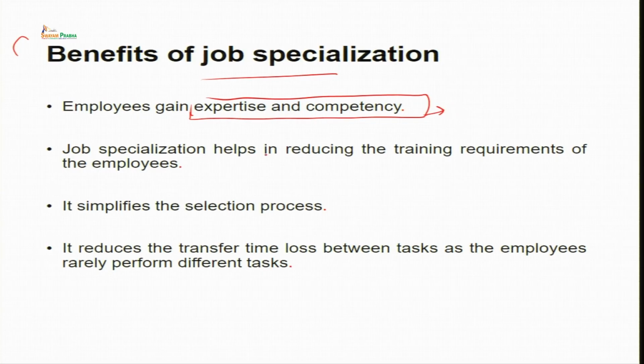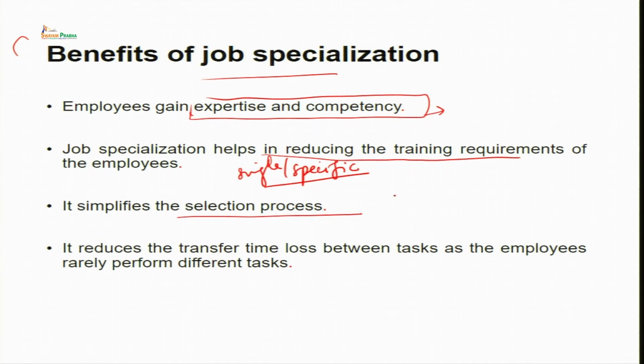Second, job specialization helps in reducing the training requirement of employees, as they perform a specific activity and thus get accustomed to high quality work. Then it simplifies the selection process, as employees are often required to have specialization in one area only.